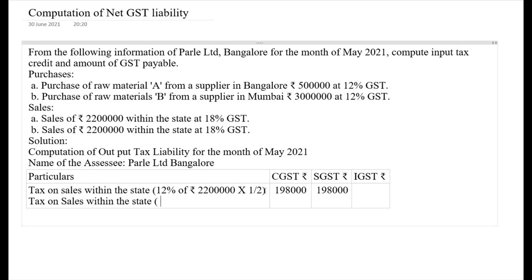Again that is also same here. It is not 12%, this is 18%, sorry, 18%. Because the rate of GST on output tax is 18%, so 18% of rupees 22 lakhs multiplied by 1/2, so it comes to rupees, it remains same, 1,98,000.